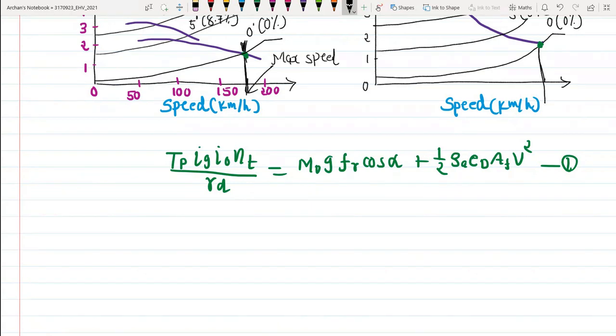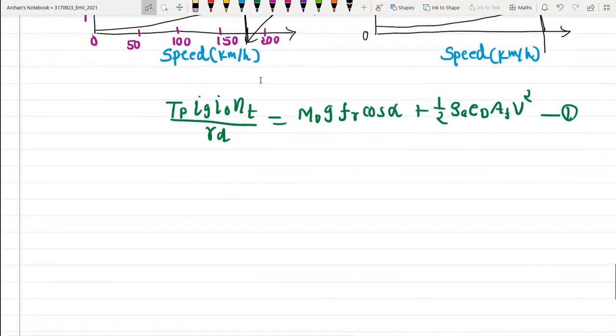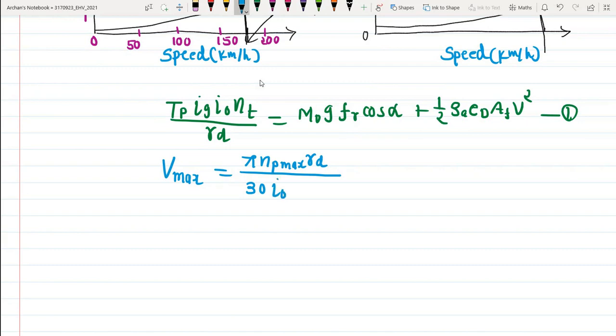In this case, the maximum speed of the vehicle can be determined by the maximum speed of the power plant, and can be written as Vmax is equal to pi np max Rd upon 30 I0 Ig min meter per second.